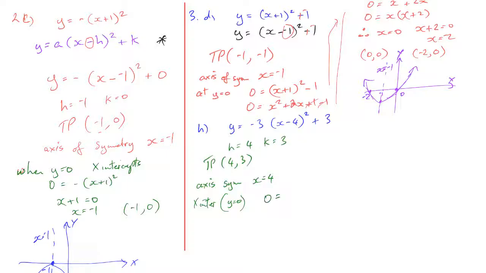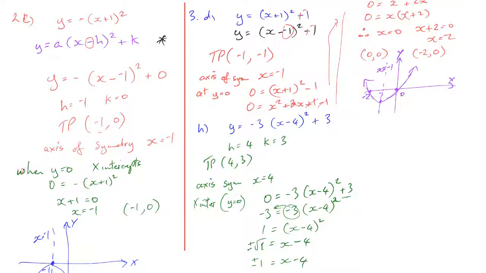When we let 0 equal negative 3 outside of (x minus 4) squared plus 3, they've moved the plus 3 to the other side.